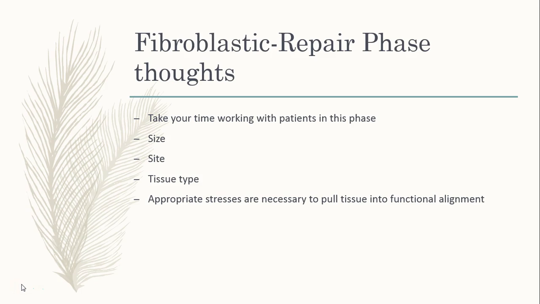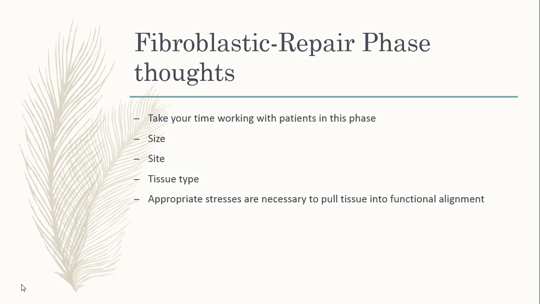So what are our thoughts on the fibroblastic repair phase? Well, with your patients, you want to really take your time working with them. And I already mentioned this, okay? What you need to be concerned about is the size of the injury, where the injury is. So on the knee, it's pretty easy, right? You can protect the knee, you can put a bandage on it, everyone can see it. But what if your injury was in your armpit?